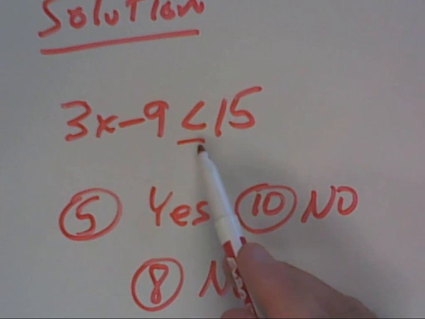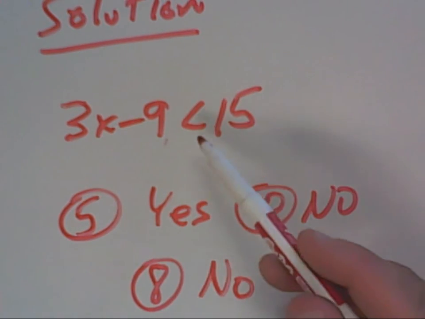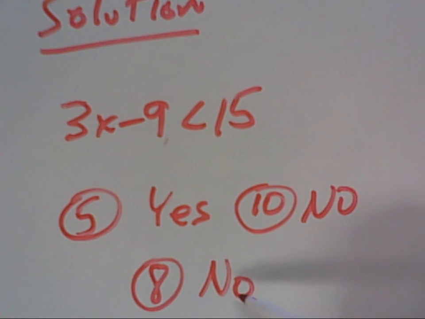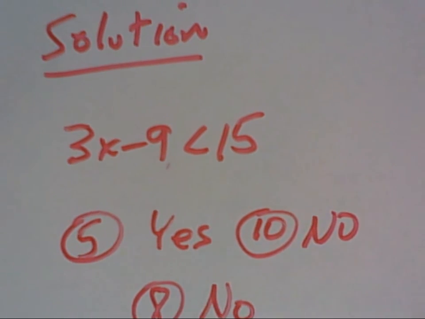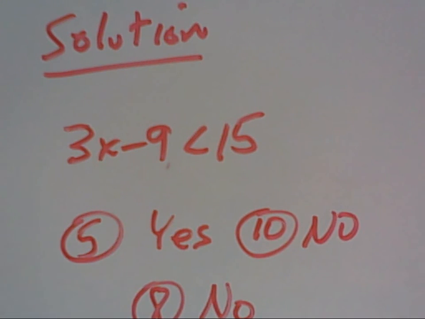And if it was equal to like this, then we'd have to change this no to a yes. But the way that it is right now, if it's just less than 15, then 8 is not a solution for that. So we're eventually going to be solving equations like this and graphing these, but on your homework for tonight, you just have to say whether or not something is a solution or not.